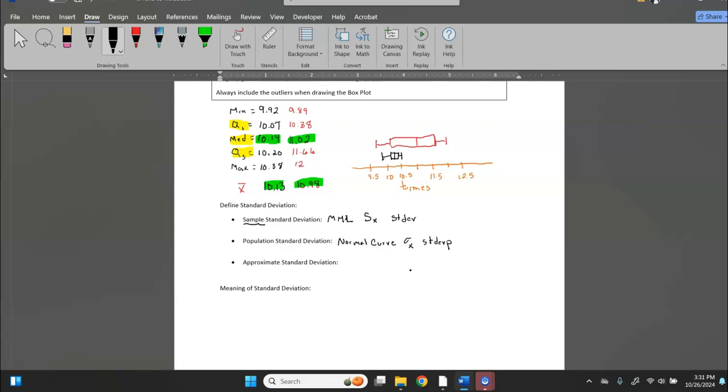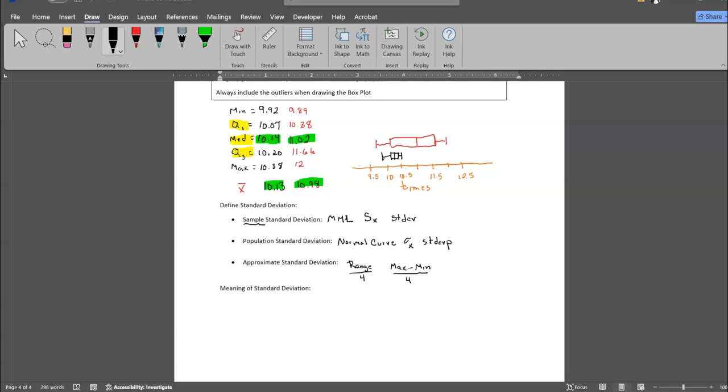The approximate standard deviation is just a quick little way to see how spread out the data is. This time, we're going to take the range and divide it by 4. So once you find the range, which is the maximum minus the minimum, max minus minimum divided by 4 gives us the approximate standard deviation.